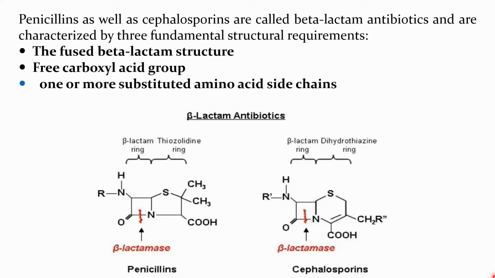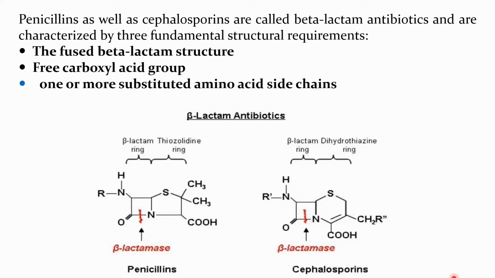Basically on the screen you can see the structures of penicillin and cephalosporin. Three fundamental structures are common in both. In both structures you can see the beta-lactam ring is common.